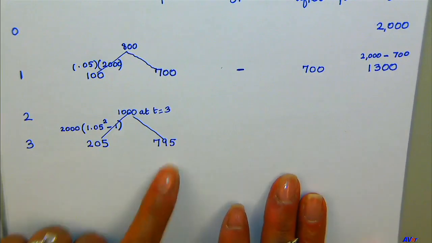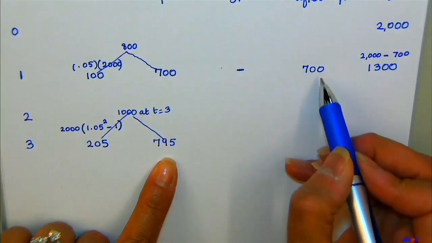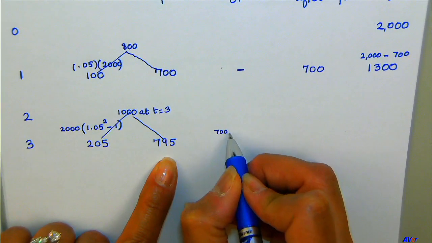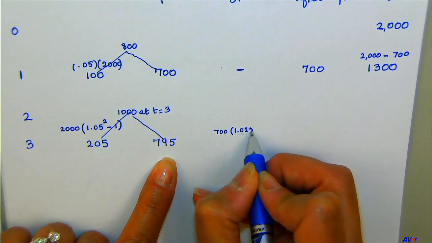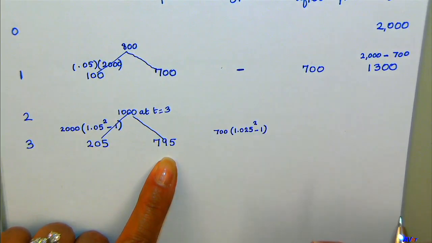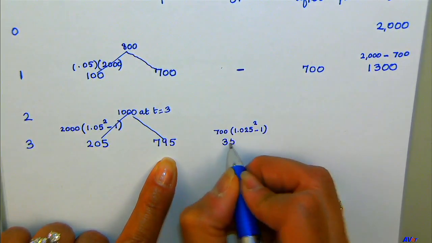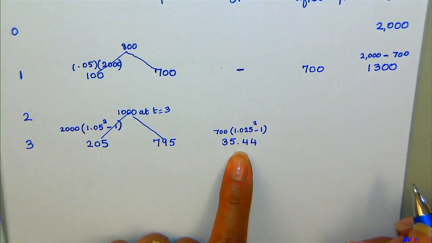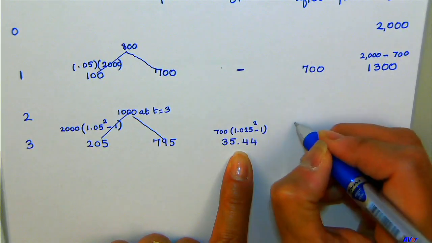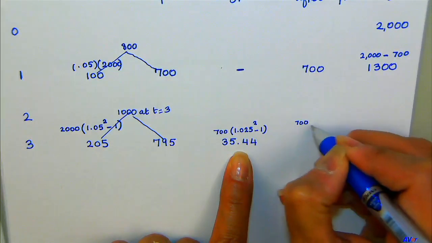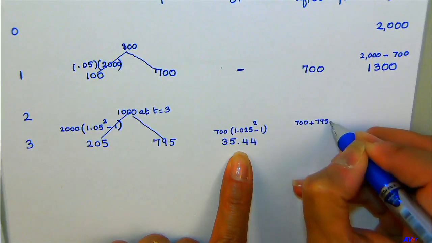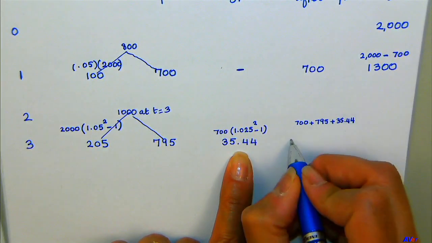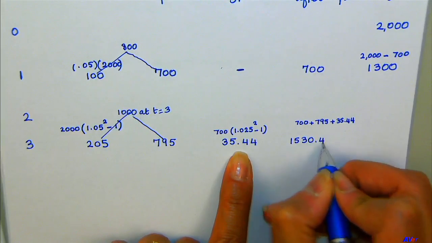The next one is the interest on the sinking fund deposit. So take this $700 right here that was sitting in the sinking fund times 1.025 squared minus 1. Again, it's 2 years of interest. So $35.44. Sinking fund balance after the deposit is equal to 700 plus 795 plus 35.44, which is 1530.44.